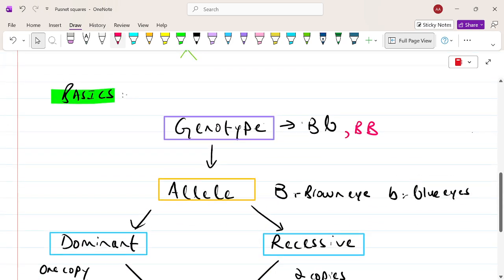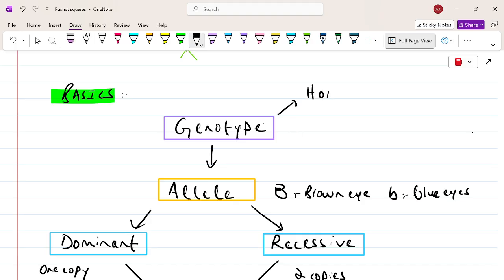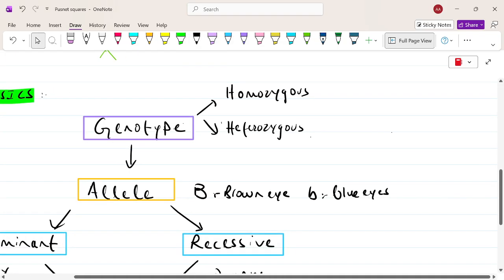Now there's one more thing that we need to talk about, which is that the genotype can be homozygous or heterozygous. This is also an important distinction that we need to keep in our mind.